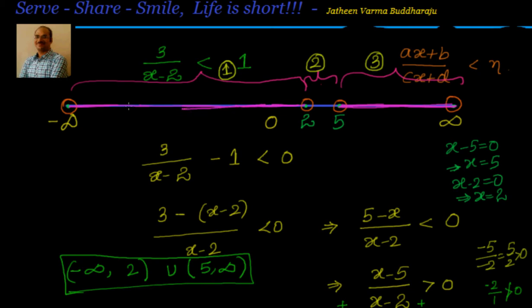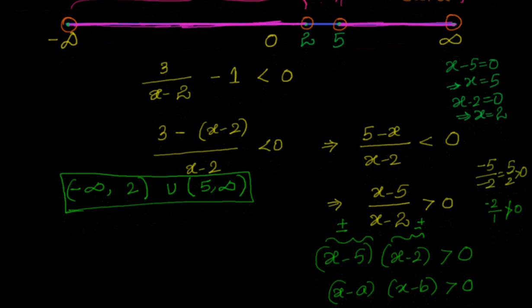So on the total number line minus infinity to infinity, only the values which don't satisfy this linear inequation are the values which are there between 2 and 5. The values between 2 and 5 will not satisfy. And you also know that x cannot be equal to 2, because if x is equal to 2, this whole linear inequation itself cannot be defined.